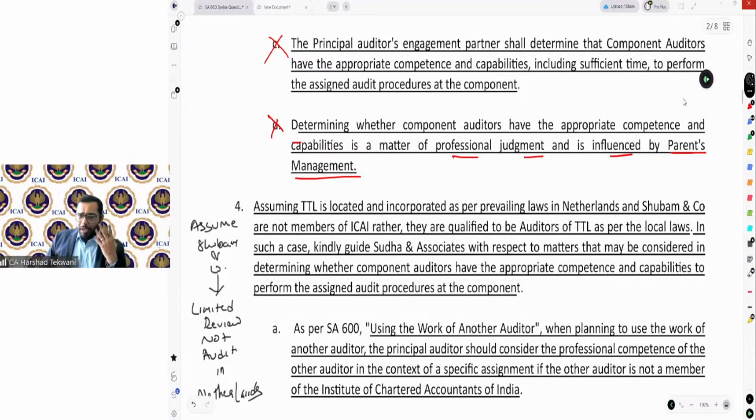Let's assume we are not able to rely upon the work performed by the component auditor because they have not performed the audit, but have just performed the limited review. Good, Janvi. Good, Jay. Okay, Purvi Ben.